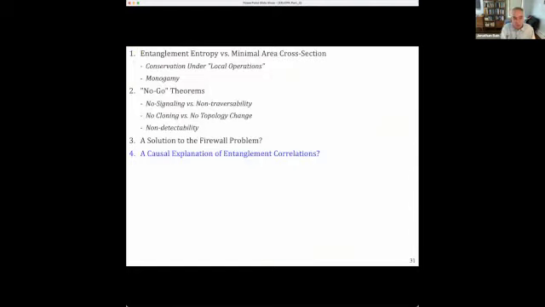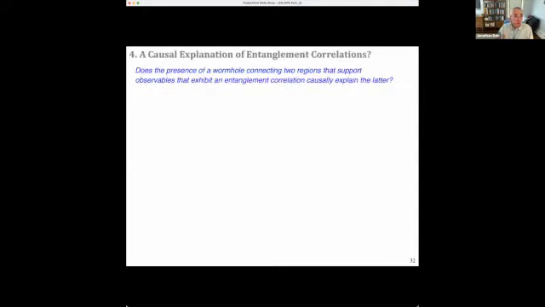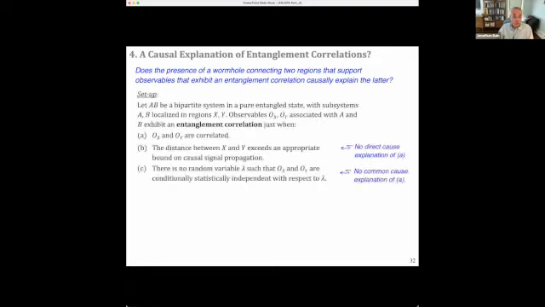Okay. So let's now move on to the last part of the lecture. This is a potential second application of ER equals EPR as a potential causal explanation of entanglement correlations. So the question here is, does the presence of a wormhole connecting two regions that support observables that exhibit an entanglement correlation causally explain the entanglement correlation? And this question might be of interest, right, to somebody who understands an entanglement correlation in the following way.